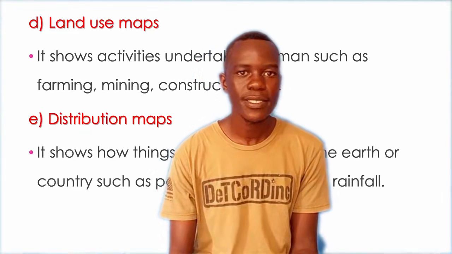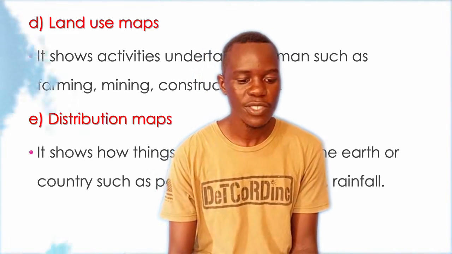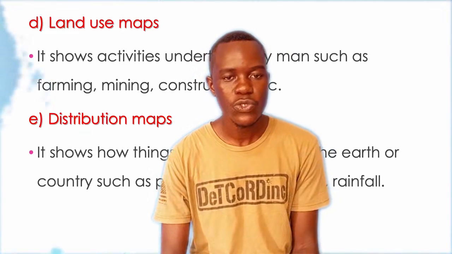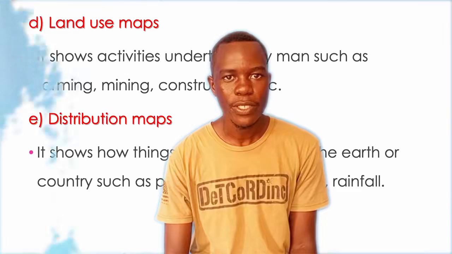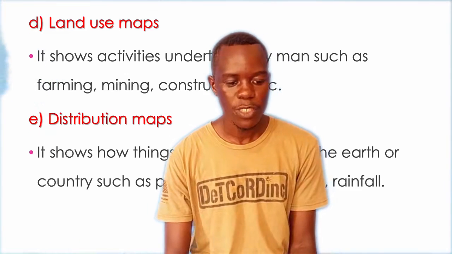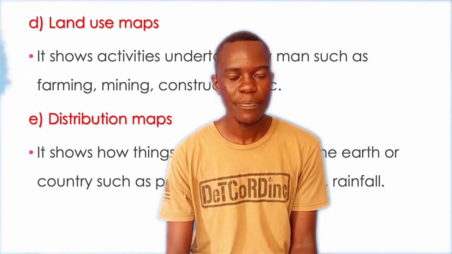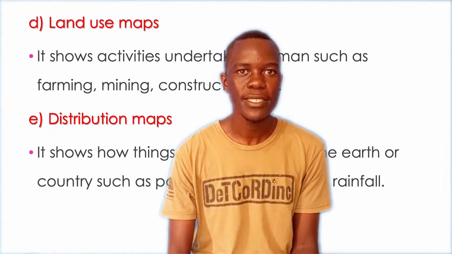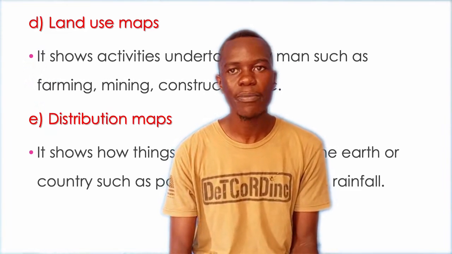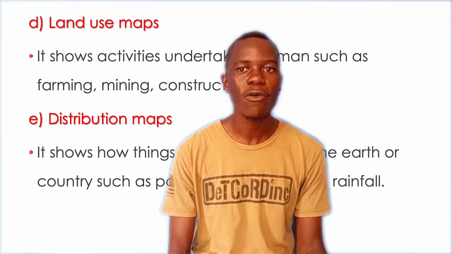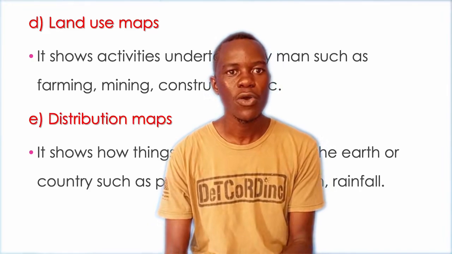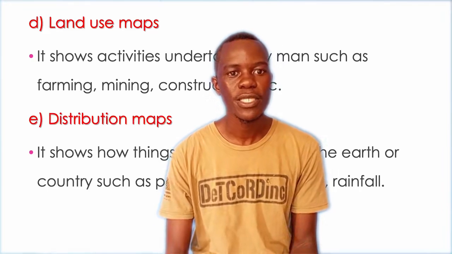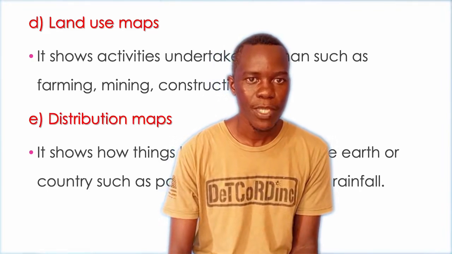So in terms of population, a distribution map can show an area of high population density and maybe a moderate or sparsely populated area.